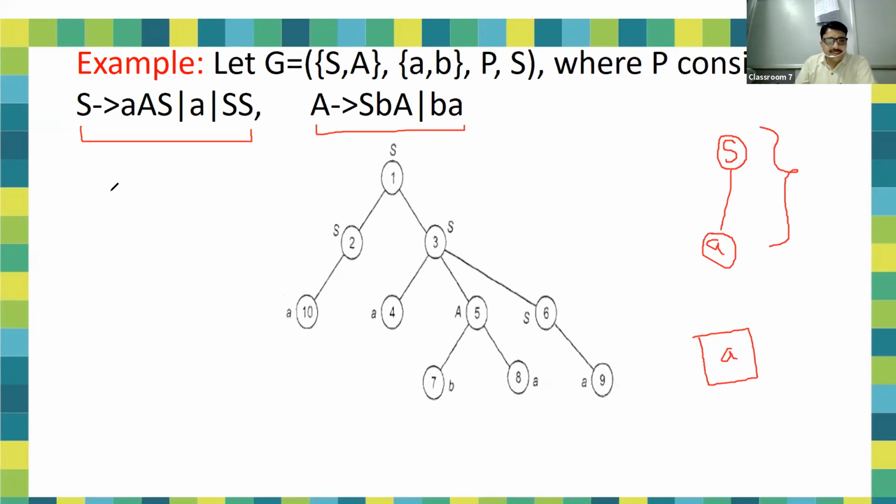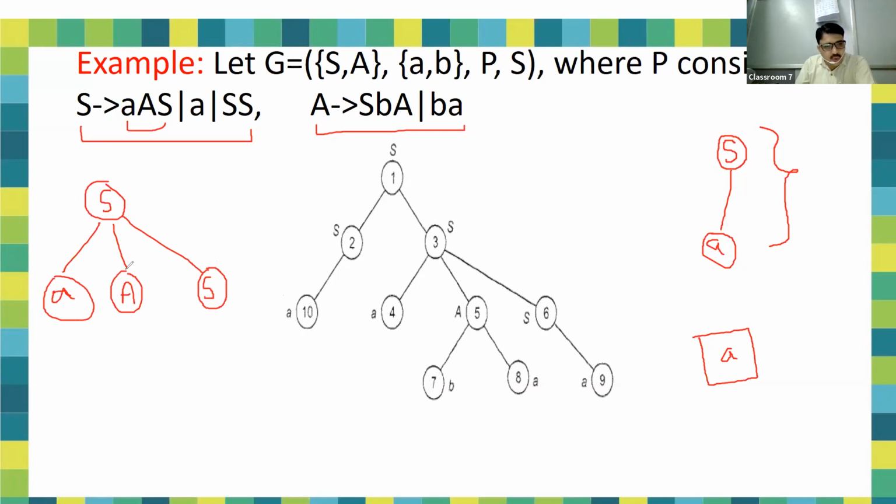And the second option, if we start with this S, is AAS. It means we can write here A A S, right? Similarly, this A is a terminal, so we can't expand it more.